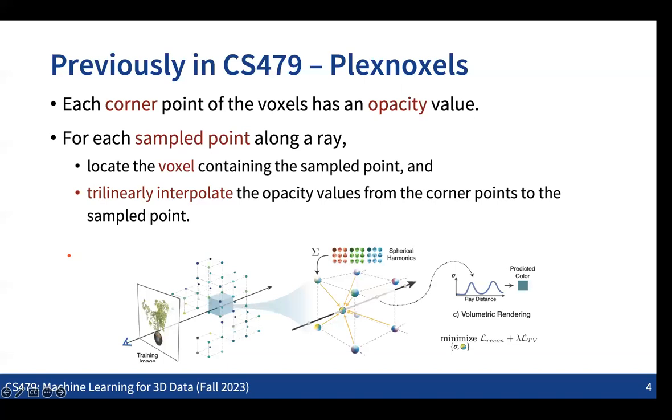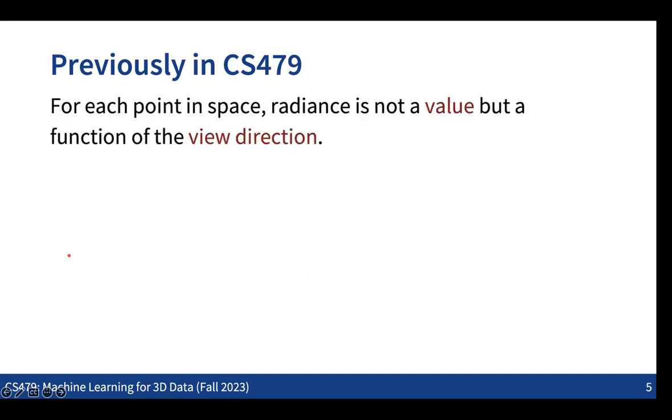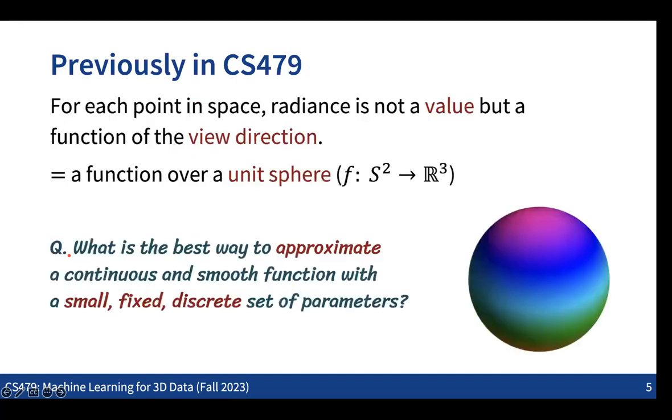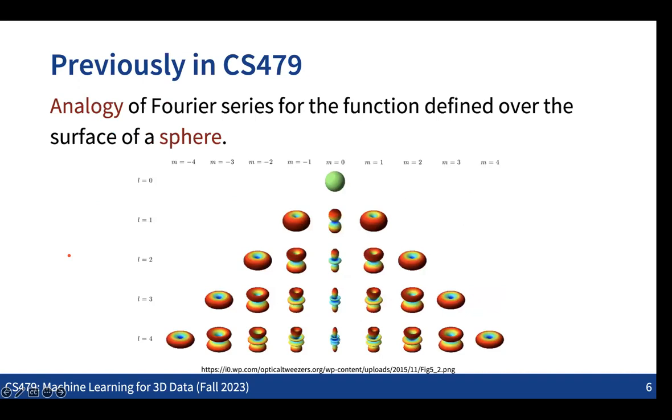Now we can interpolate not only the opacity values, but also the radiance, and get the information for each of the samples along the ray. So that is the idea that we can run the NeRF without any neural network, by encoding all the information in the 3D grid.